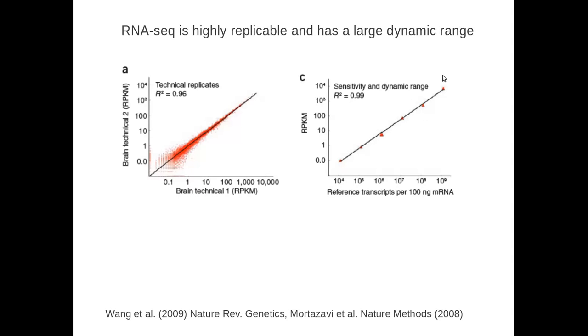The sensitivity and dynamic range is something that differs dramatically between microarrays and RNA-seq data. The dynamic range is over 5 orders of magnitude here, where you have a linear relationship between the read counts and the number of transcripts in 100 nanograms of mRNA, quantified by much better techniques even than RNA-seq, using real-time PCR.